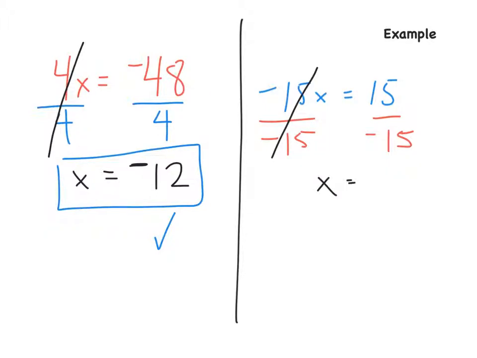So it's 15 divided by a negative 15. Remember, the answer is going to be negative. Answer is negative 1. If you want to, remember, plug it in, double check. Negative 15 times a negative 1 is equal to 15. So this is our final answer.